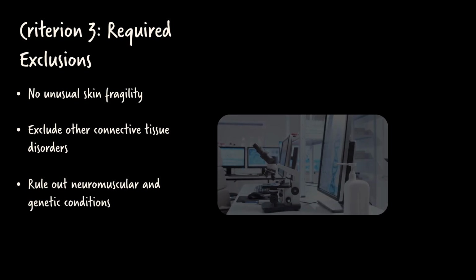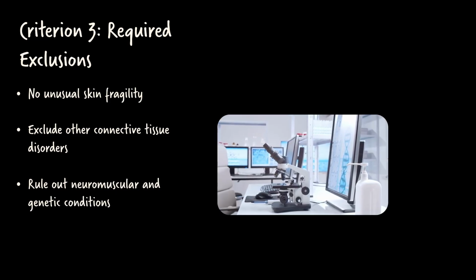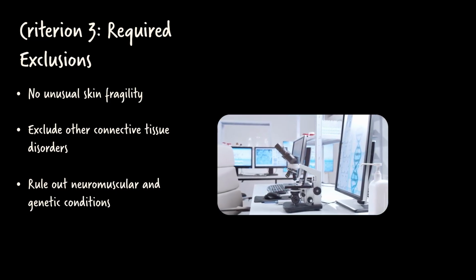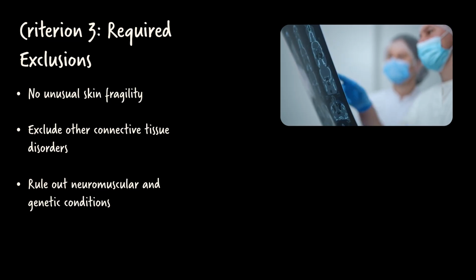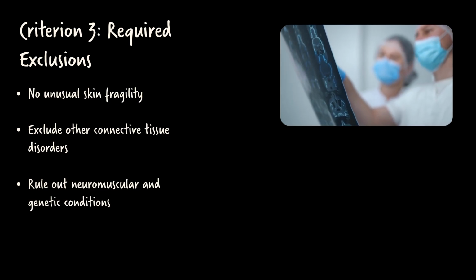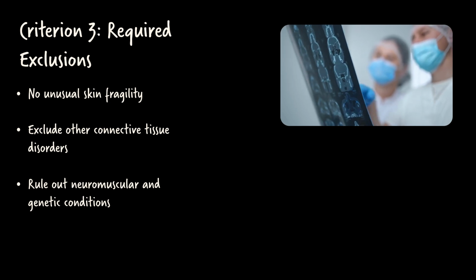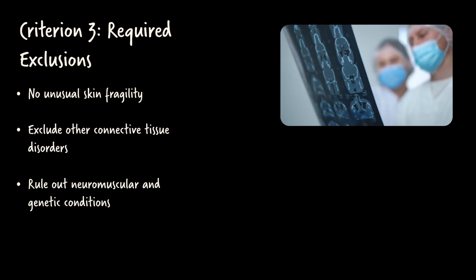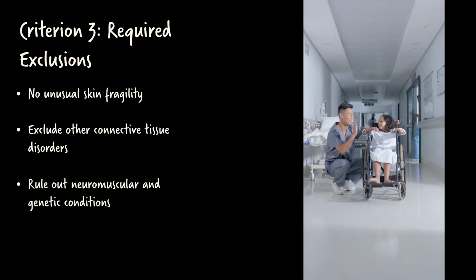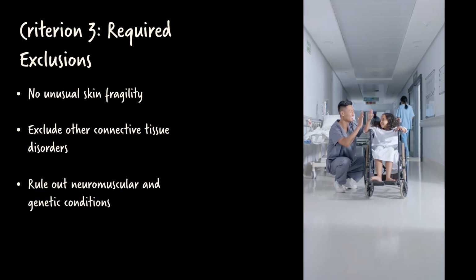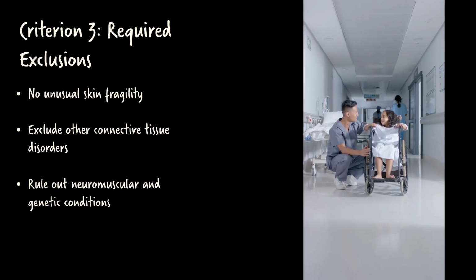In addition, clinicians must exclude other heritable connective tissue disorders, as well as rule out neuromuscular and genetic conditions that can present with joint hypermobility, weakness, or pain. This step protects patients by preventing missed or misclassified diagnoses and ensures that hEDS remains a diagnosis of both inclusion and careful exclusion.